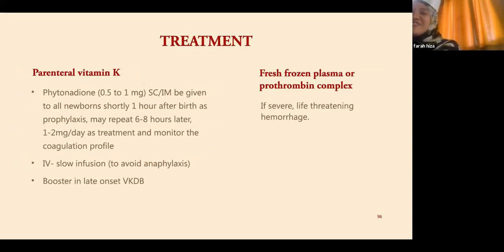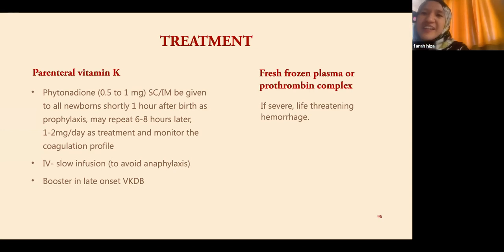So the treatment. When we find that the newborn has vitamin K deficiency, whether in an emergency or a normal condition, we give the same treatment, which is parenteral vitamin K, given either subcutaneously or intramuscularly.